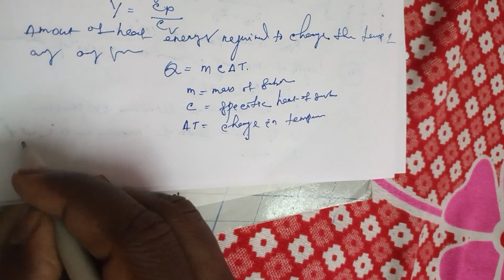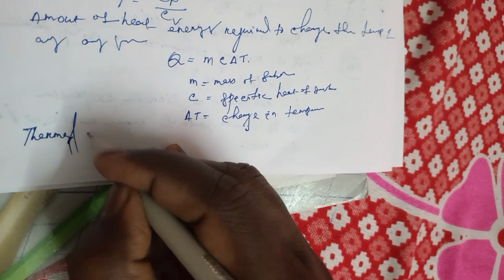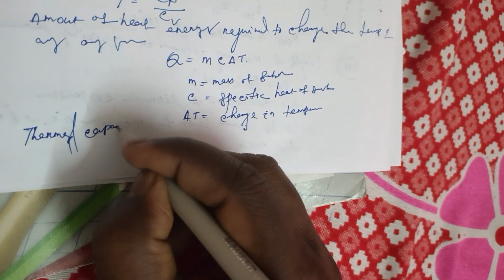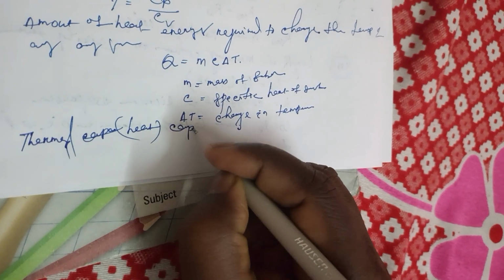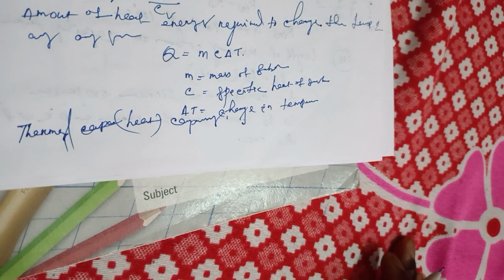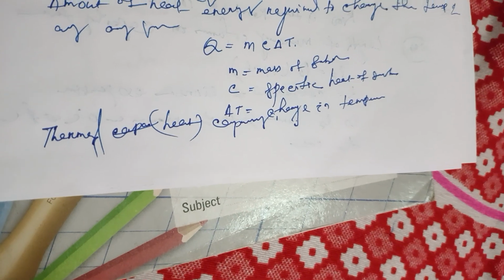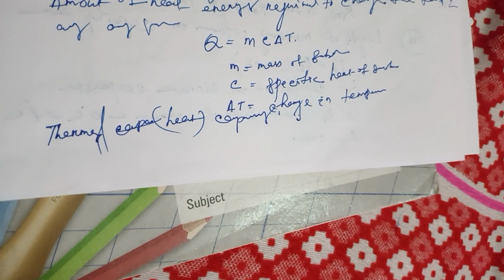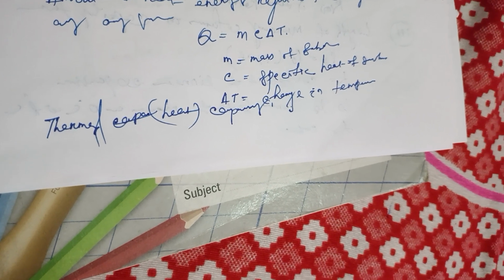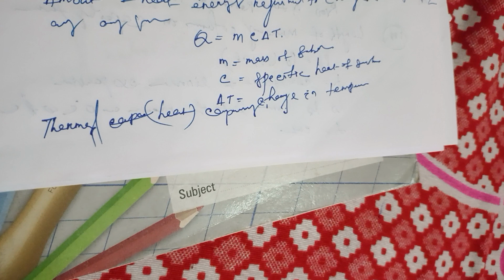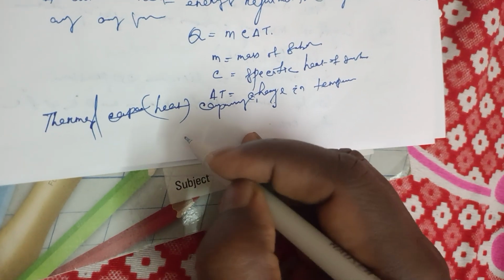Then thermal capacity, or heat capacity. Heat capacity of any body is equal to the amount of heat energy required to increase its temperature through 1 degree centigrade.